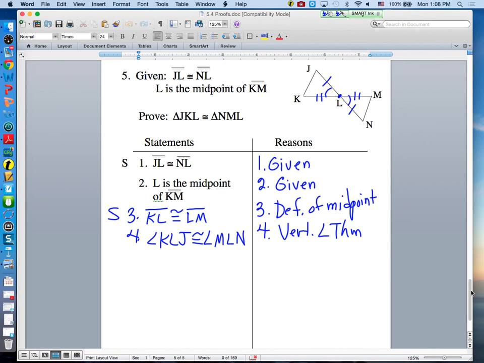You can name the angle from either side. All right, that was a pair of angles, and it looks like that angle pair was between the two sides. So I think I've got triangle JKL congruent to triangle NML because of side angle side.